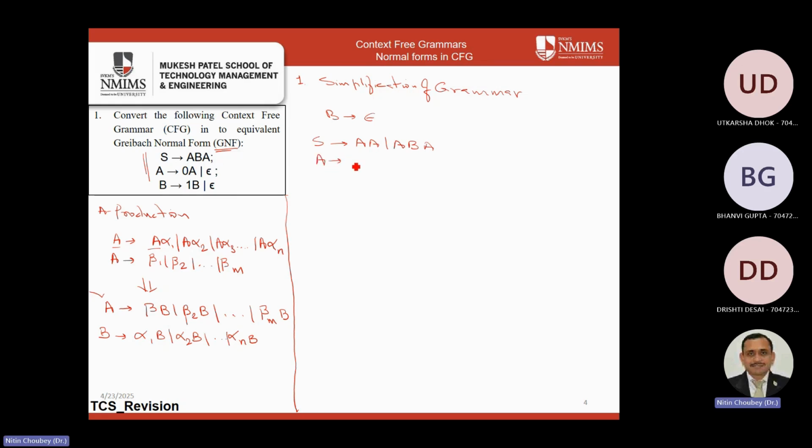Then from A, 0A | 0 | epsilon. From B, we will have 1B | 1, because from this 1B, if B is replaced with epsilon, we are left with 1. So in this way, we have removed B gives epsilon.